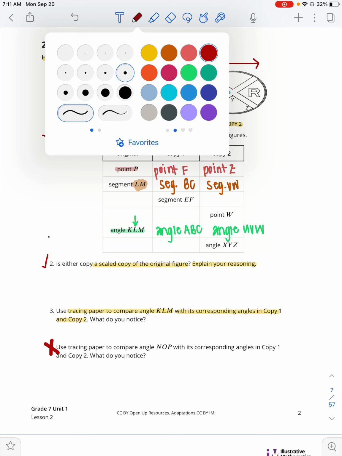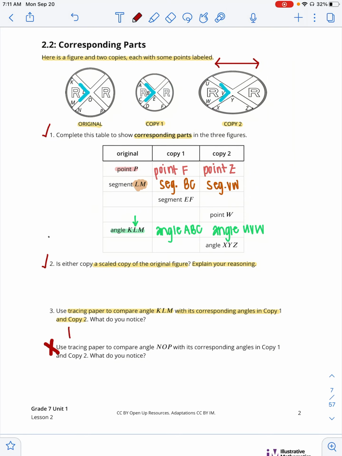But the reason why is because angle KLM does not match UVW. And we can write the little angle sign in front of those letters so we know we're talking about angles. So copy 1 is a scale copy, and copy 2 is not a scale copy, because the angles in the original and copy 1 are the same, but the angles in the original and copy 2 are different.